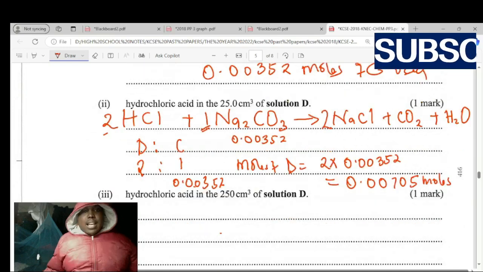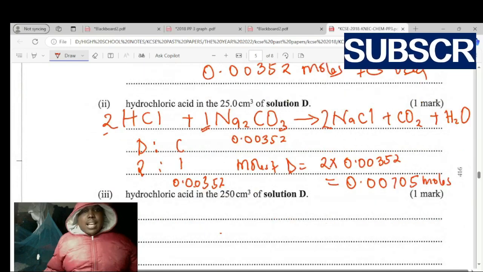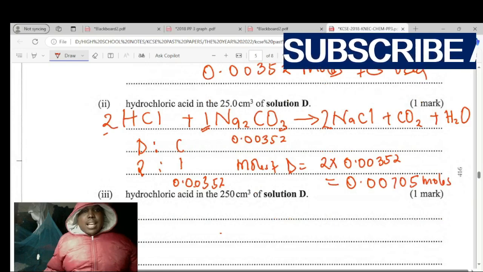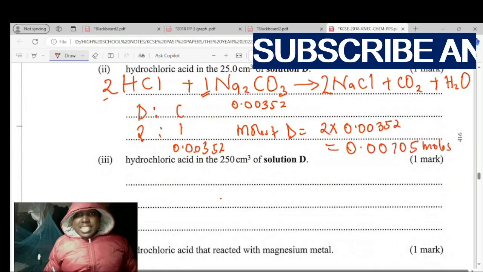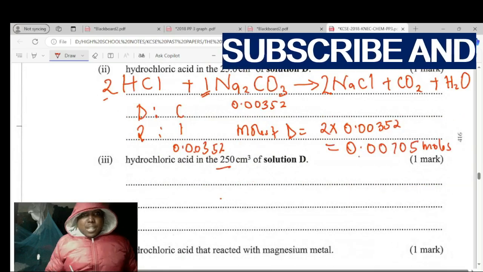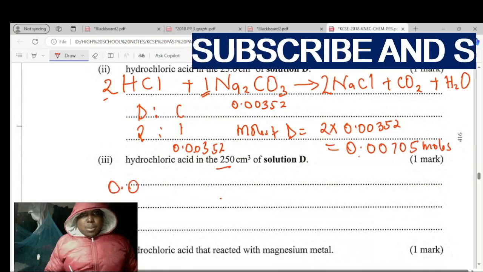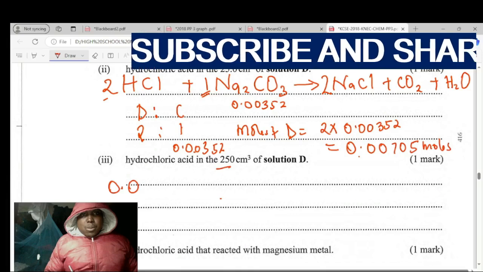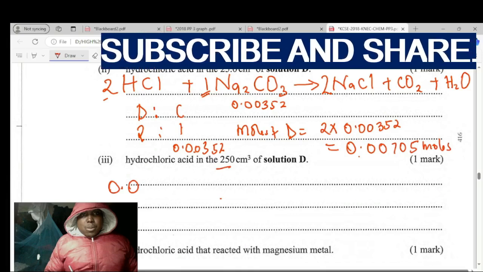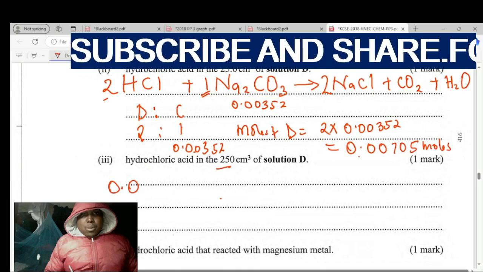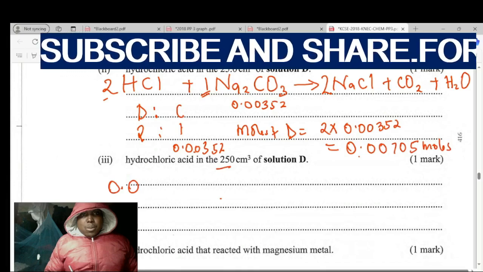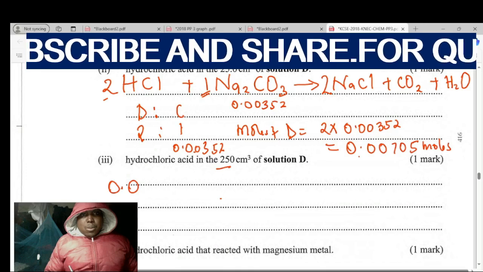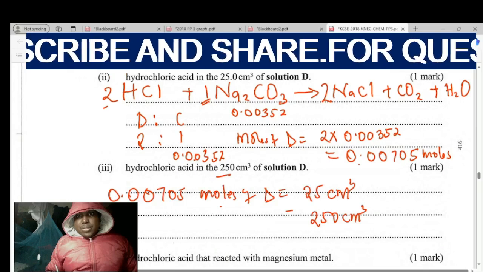Hydrochloric acid, the number of moles of hydrochloric acid in 250. Now we have gotten the number of moles of hydrochloric acid in 25. What about 250? 0.00705 is the number of moles of HCl solution D in 25 centimeters cube. 250 centimeters cube will be equal to what?